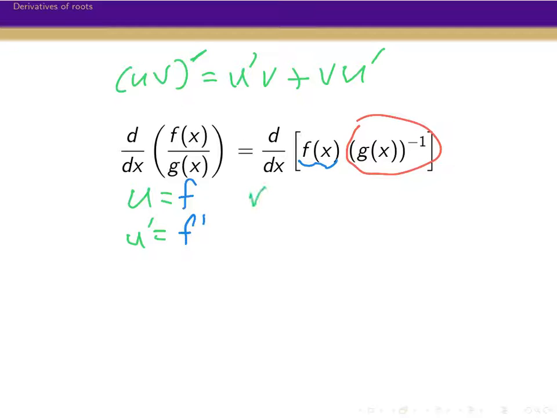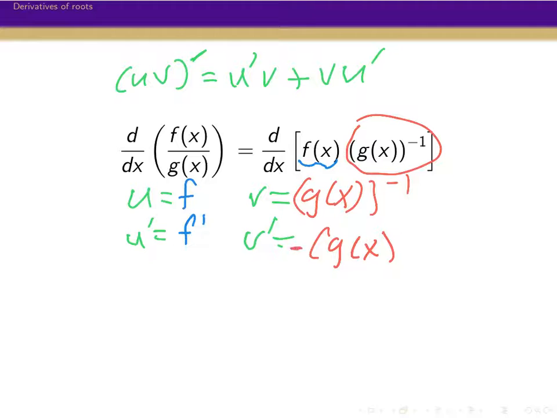On the other hand, v is g of x all raised to the minus 1, and we just figured out its derivative. We'll call that v prime, and that is minus g prime of x times g of x to the minus 2.